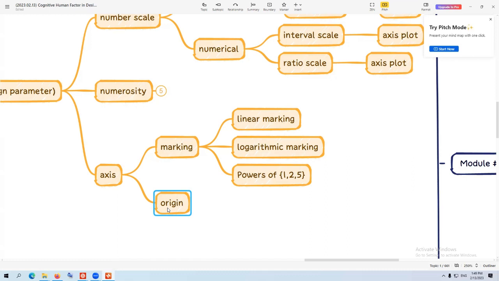If I want to separate income into buckets, you would realize that if I use a linear scale, 0 to 50,000, 50,000 to 100,000, 100 to 150, that's not going to work because it's going to be very far apart.